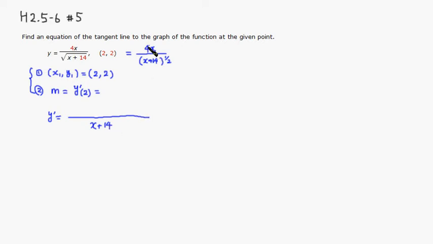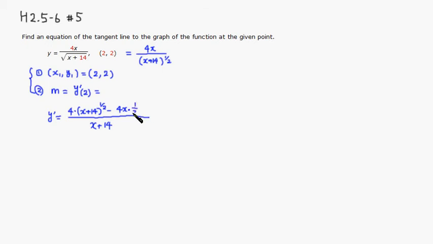Then the derivative of the top, which is 4, times the denominator, quantity x plus 14 raised to the 1/2 power, minus the top, 4x, times the derivative of the bottom, which is the general power rule.